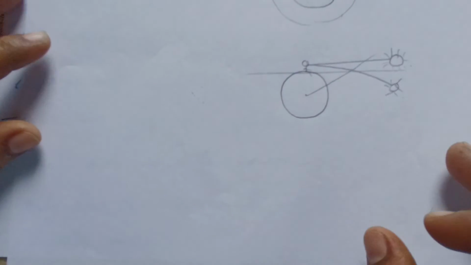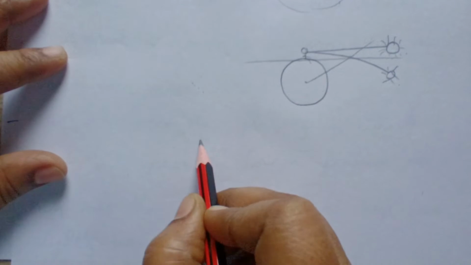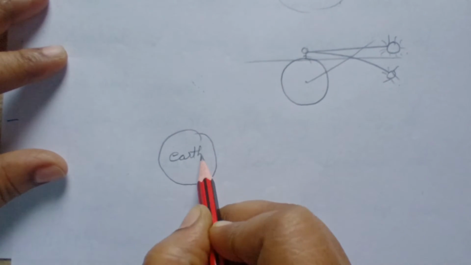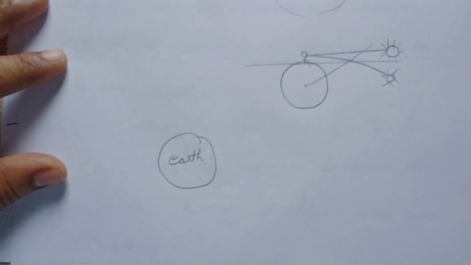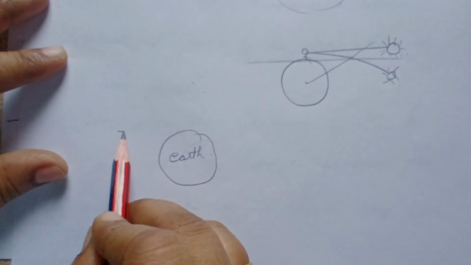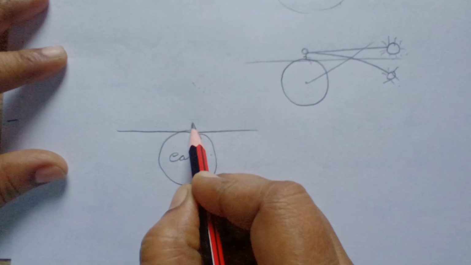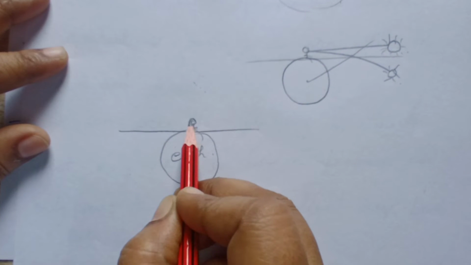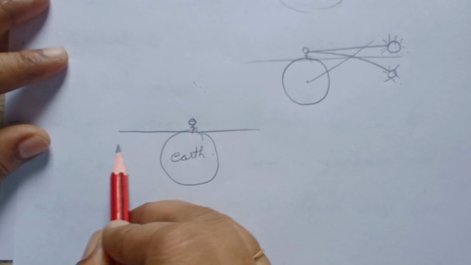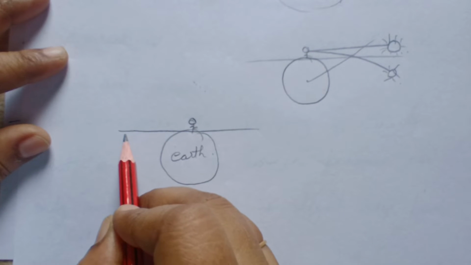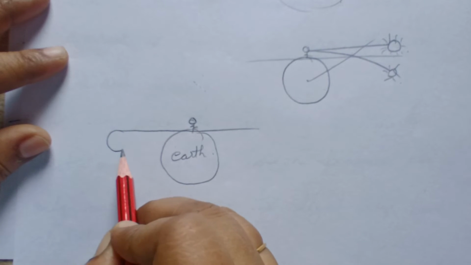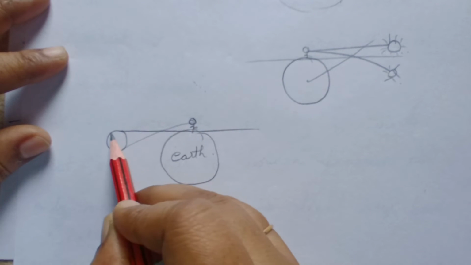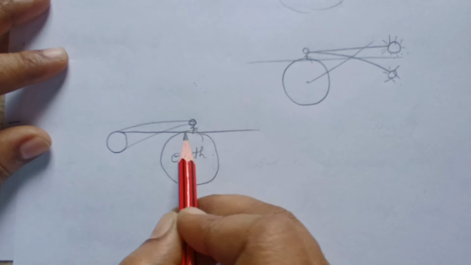Flattening of the disk means, see, this is your earth, this is your horizon. When you are at the horizon during sunrise or sunset, what happens? For example, this is your sun. The light will be bent and it will reach your eye, right?